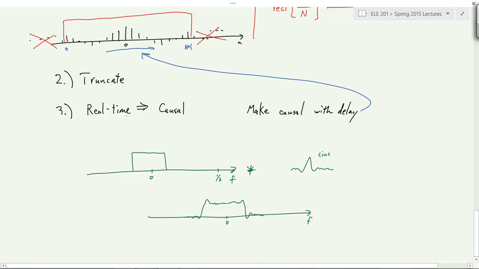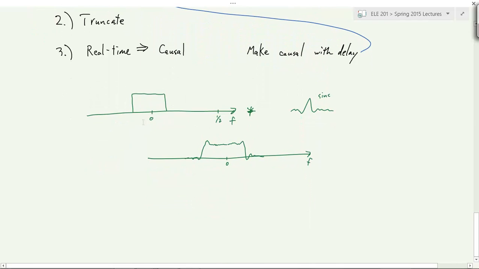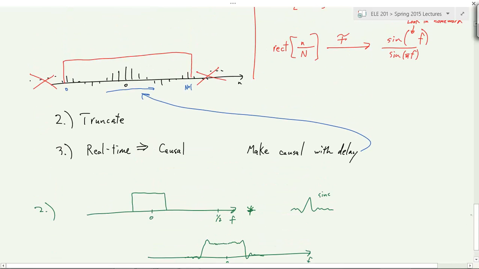What does the time delay do to this filter if we have to make it real time? What does that do in the frequency domain? So this was 2, and what does 3 do to our filter? You multiply by a complex exponential, which means you only affected the phase. This first process, by symmetry, so what's the phase of our ideal low-pass filter?